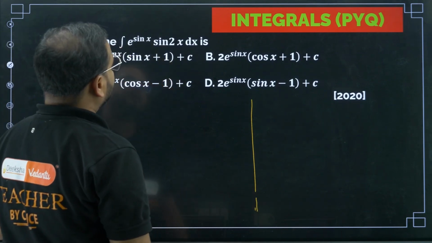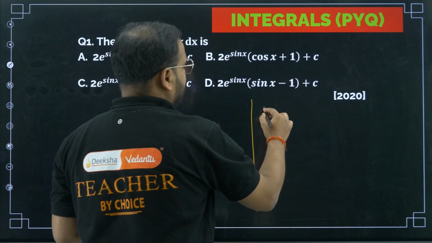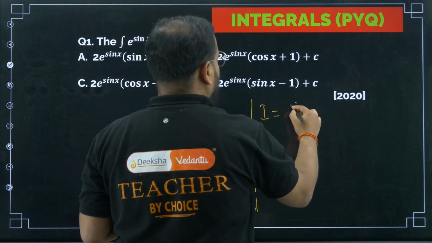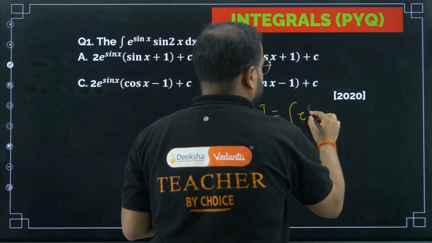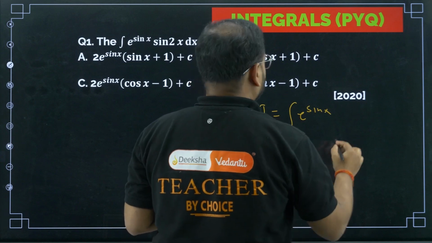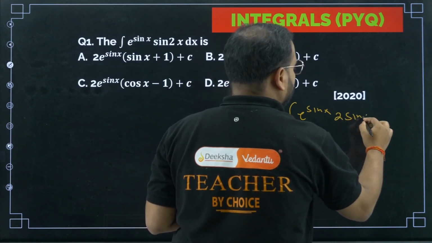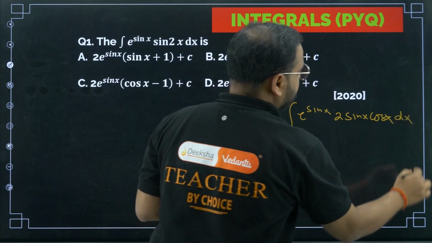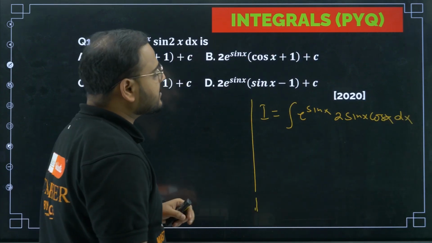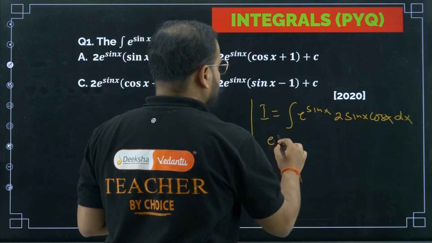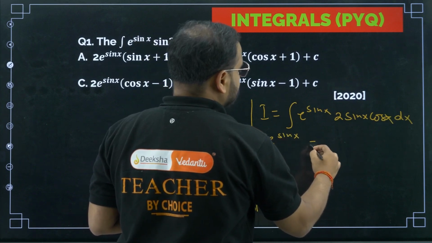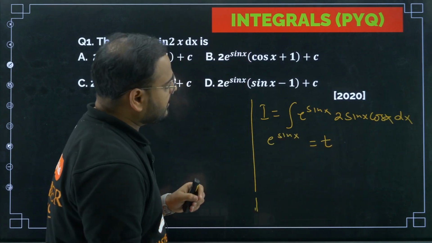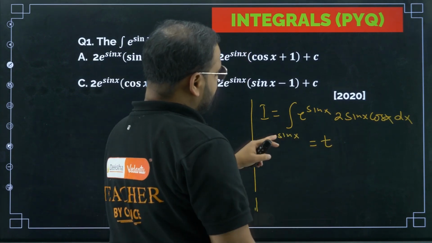I can take this integration I equals the integral of e^(sin x) times 2 sin x cos x dx. Take e^(sin x) as t. What is the sin x value from here?